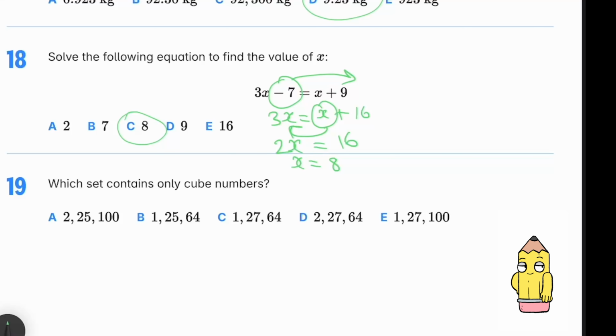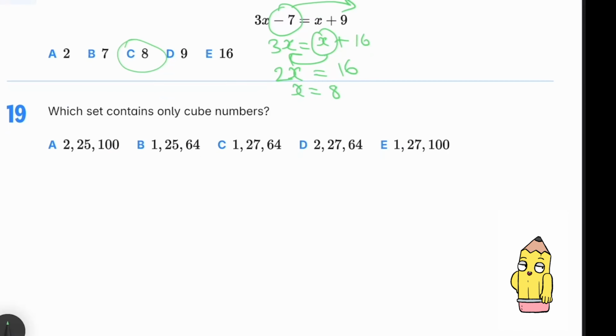Okay, question 19. Which set contains only cube numbers? Remember, a cube number is the result of multiplying a number by itself 3 times. So we use the 3 symbol to show that a number has been cubed. So for instance, 1 cubed equals 1 times 1 times 1. 2 cubed is equal to 2 times 2 times 2, and so on.